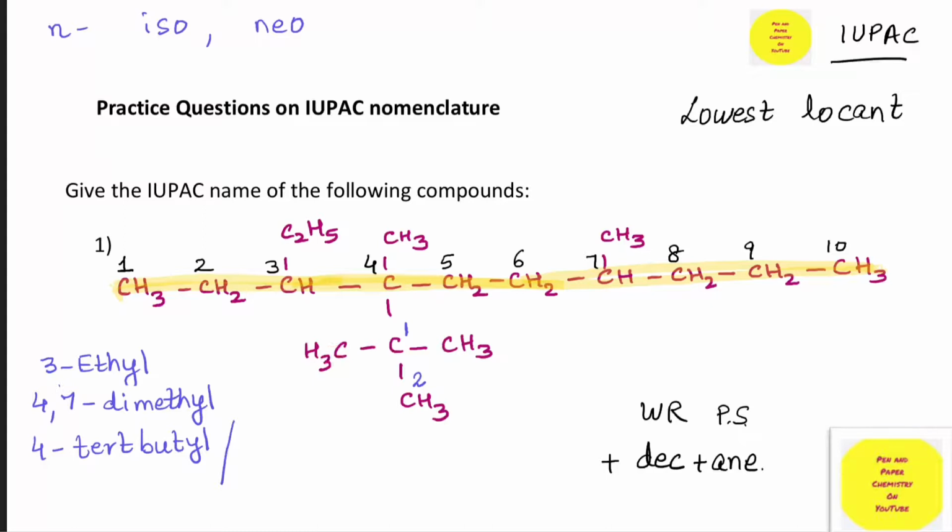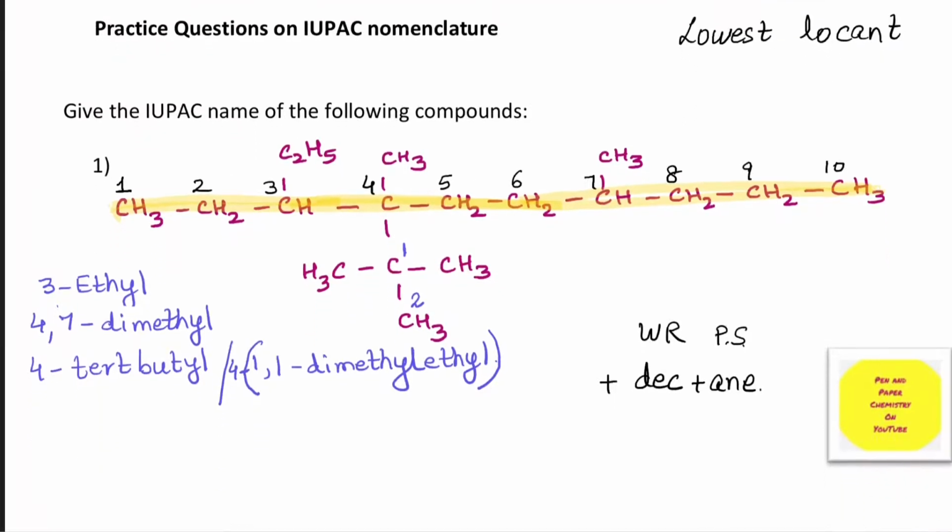So how do I name it? I will call it 1,1-dimethylethyl. And to what position is it attached? Yes, it is attached to position number 4. So in order to avoid the confusion between numbers, I will put 4 outside the brackets.